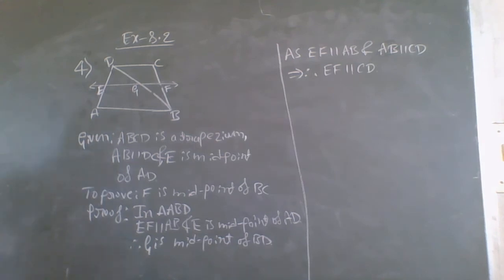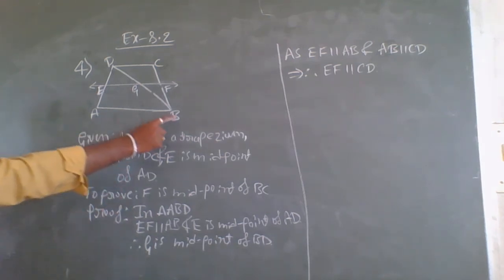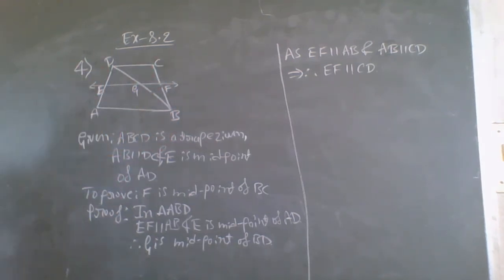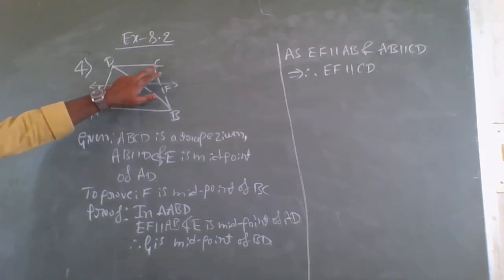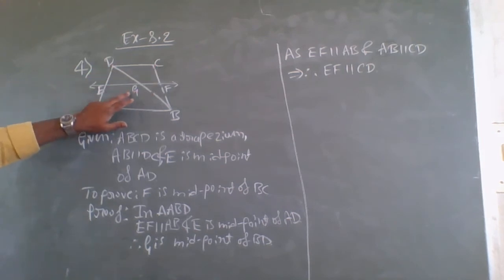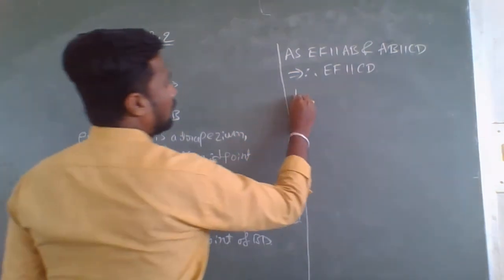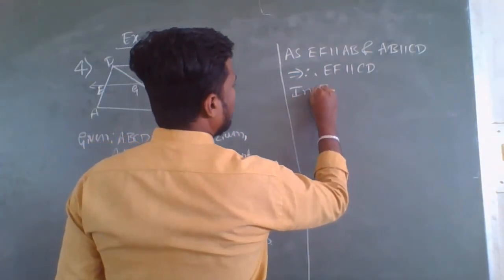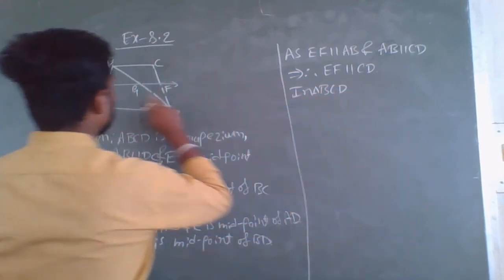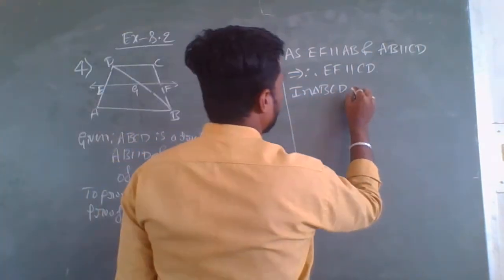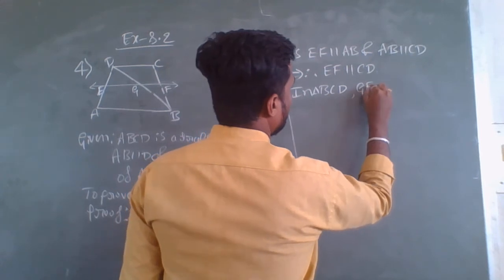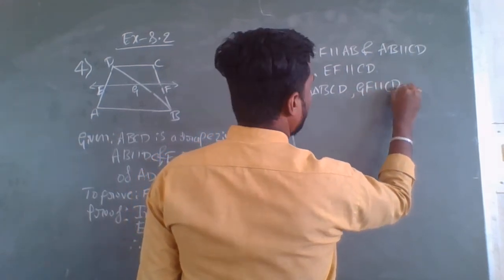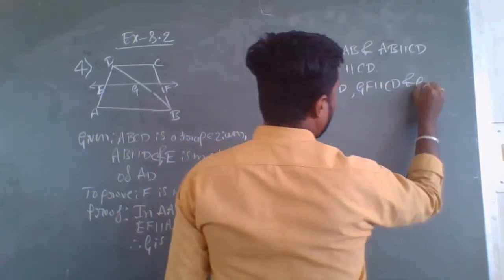So now, in triangle BCD, what do we know?